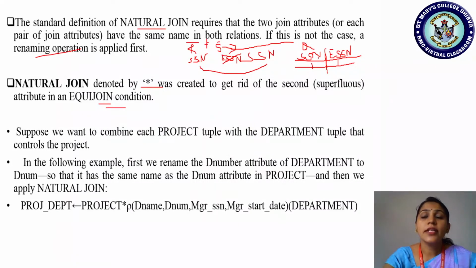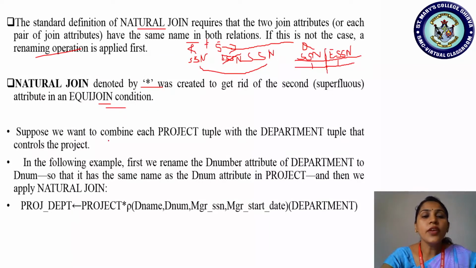The column. That is, it only once displays the SSN attribute and avoids displaying once again the SSN information present in the second relation. Are you all understanding? So this is the advantage of using natural join.